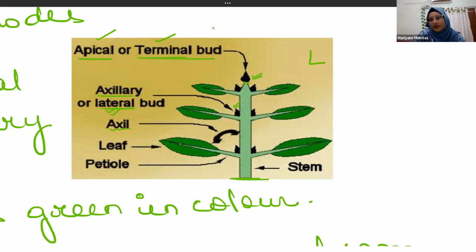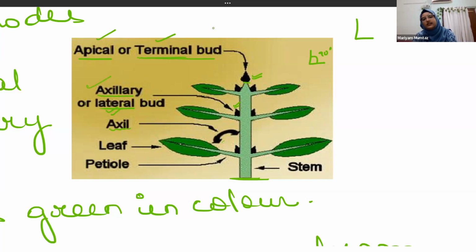How we see, like we put like this, 90 degree. Right, we do this, right? Same way here, it does not make 90 degree as such, but it is creating some sort of angle because two structures are present like this. So it is known as an axil, and the bud present in that axil is known as axillary bud. And the bud that is present at the apex or at the terminal site is known as the apical or terminal bud.